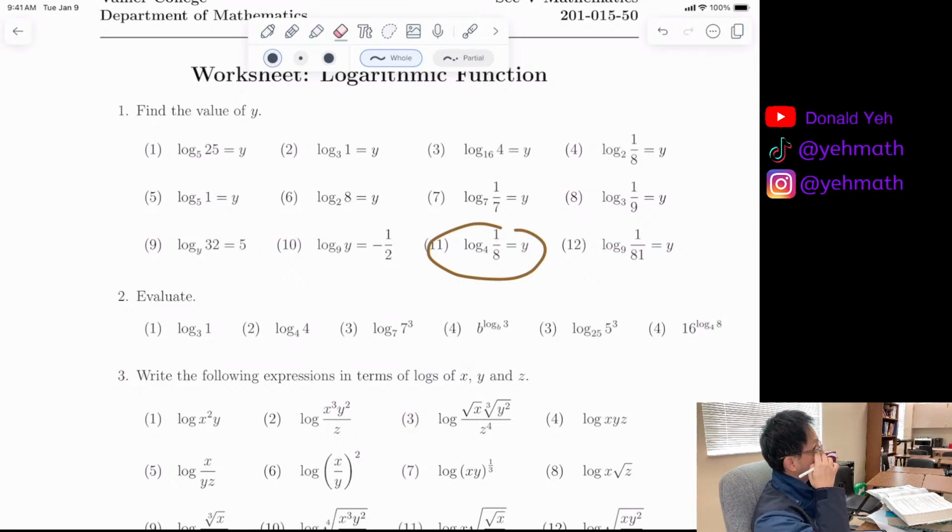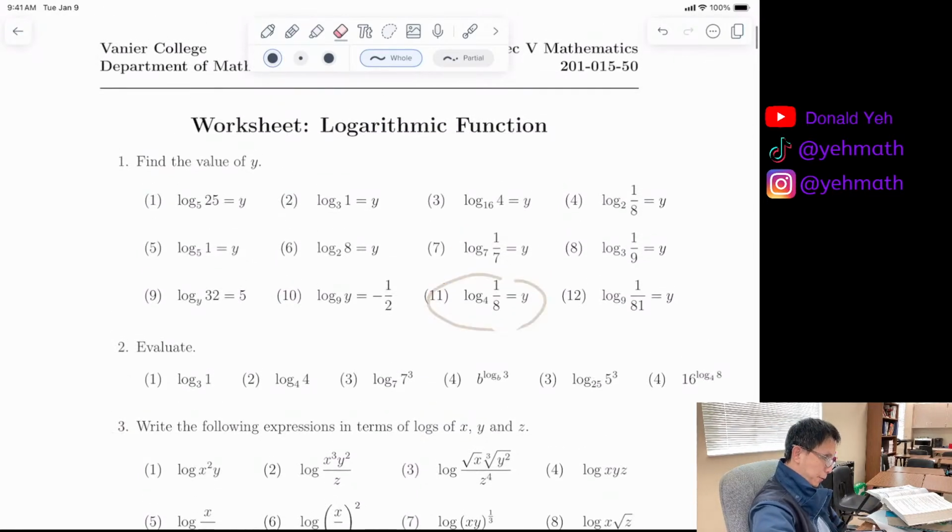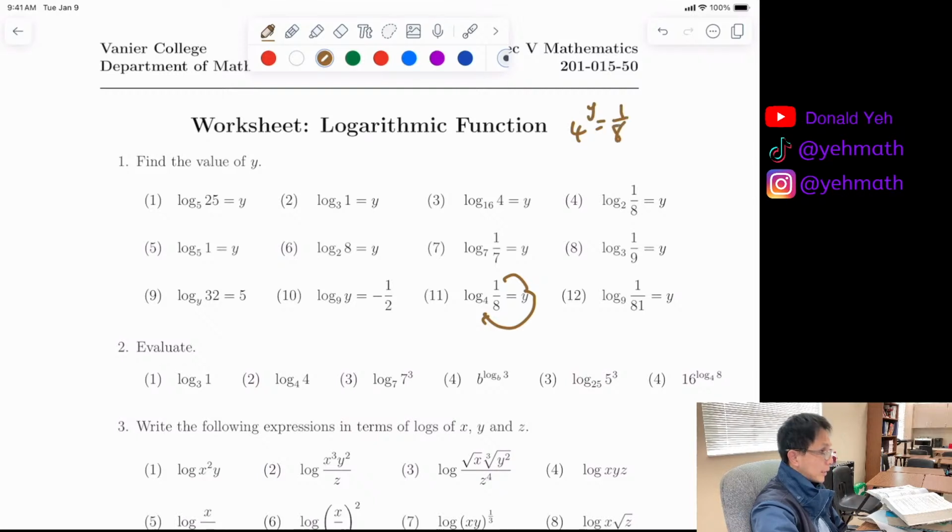Okay, it should be 4 to the y equal to 1/8. Now you have to change to a common base. So that's going to be 2 to the 2y, and this is going to be 2 to the -3. So you can set 2y equal to -3, so y is equal to -3 over 2. The answer is -3 over 2. You don't have to approach it like that, but this is probably the best way to explain it.